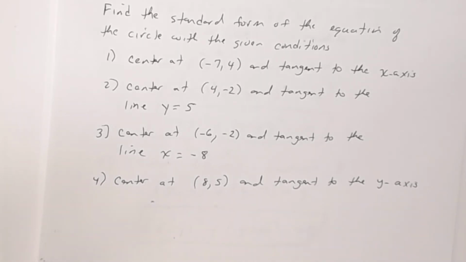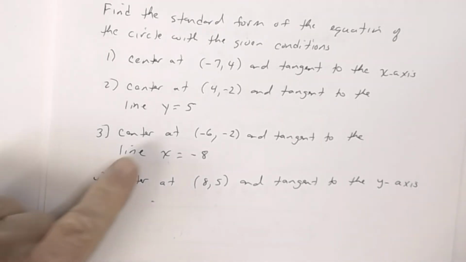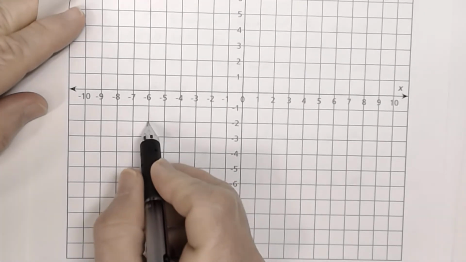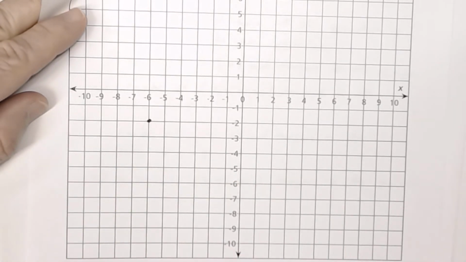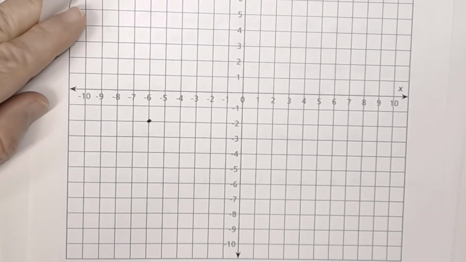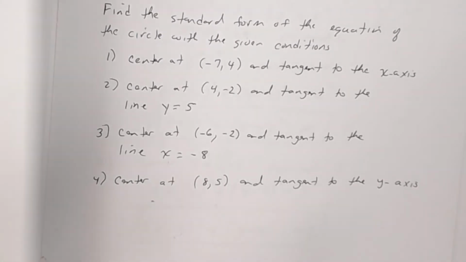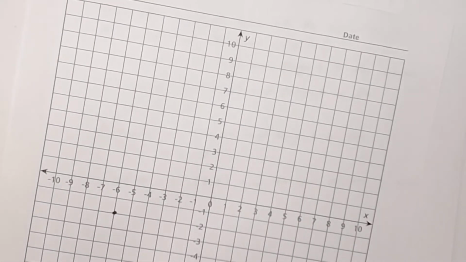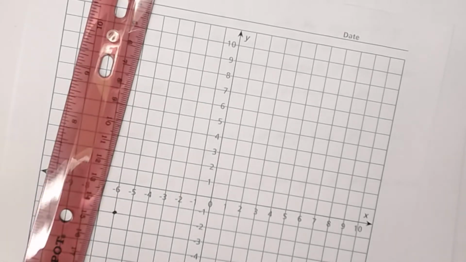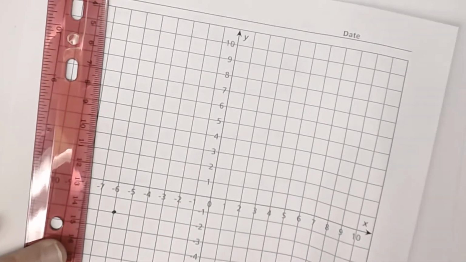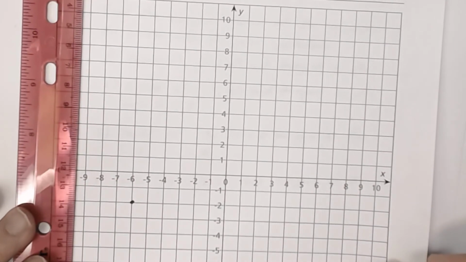Okay, so let's look at a picture of this one. In number 3, you're told the center is (-6, -2), so that's here. And it is tangent to the line x = -8. So x = -8 is a vertical line, and let me go ahead and graph that vertical line.